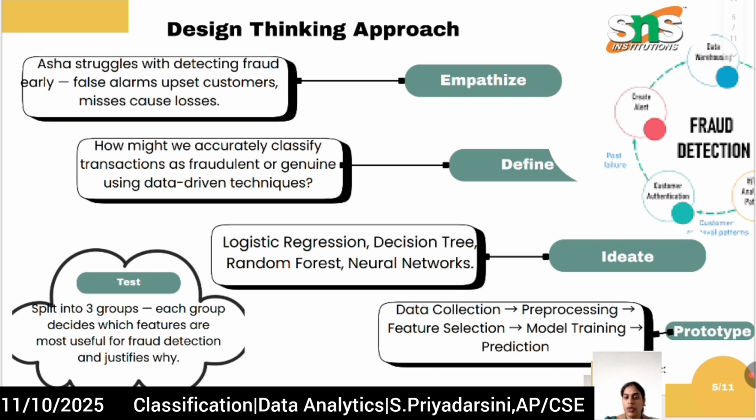First, she will collect the data, pre-process it, select the features, and train the model, and finally comes the prediction part. Now imagine if I divide you all into 3 groups. Each group can discuss what features you think are most useful for detecting fraud and why. That's exactly how data scientists brainstorm.